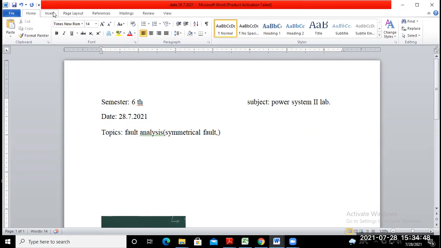That is also known as the open conductor fault or open circuit fault, whatever you may want to call it.